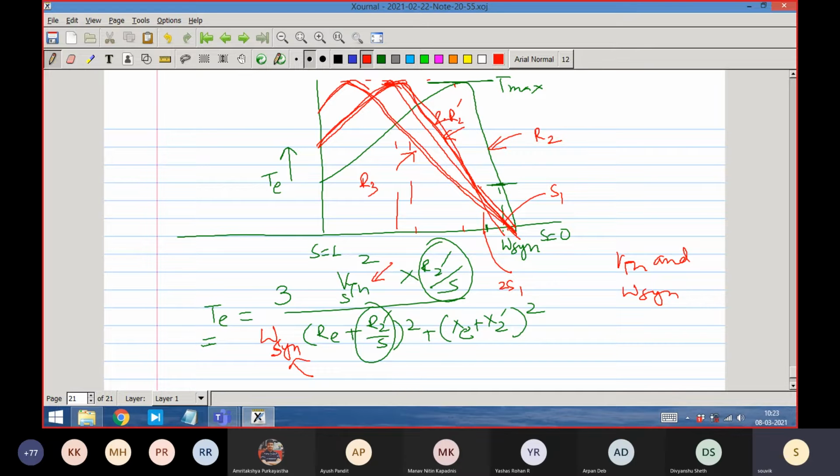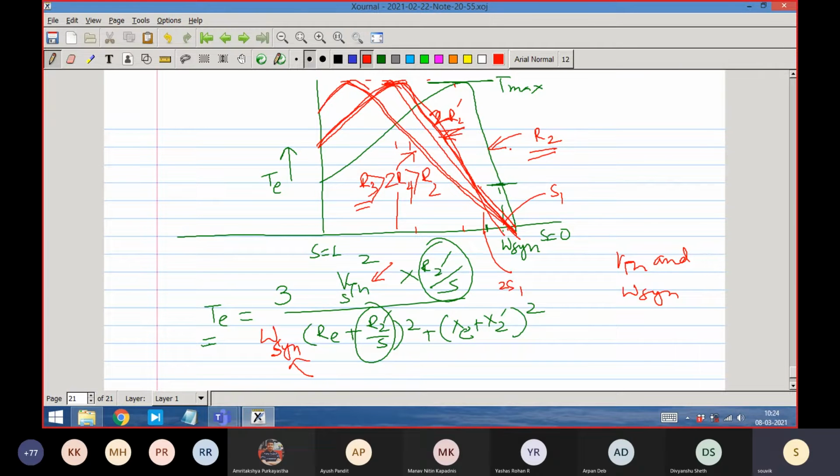This is 2R2, double R2. So R3 is greater than 2R2, which is greater than R2. These are the three characteristics: the first with resistance R2, the second with resistance 2R2, and the third with R3, where R3 is greater than all of them.